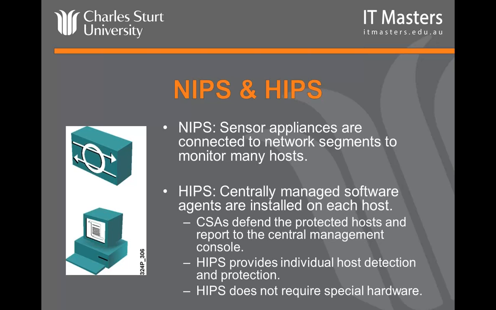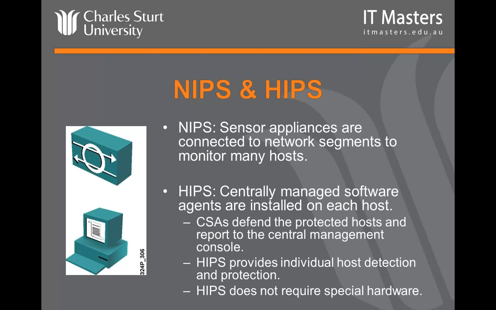So HIPS are complex, and they examine actual system calls, or can be simple and just examine system log files. Okay, so it can actually look into the operations of the operating system itself and what's going on all the time, or it can just look at log files. Nice and simple.